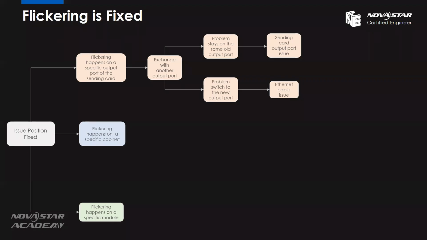If the flickering happens on a specific cabinet, okay, now it's not the whole screen flickering, only one cabinet. So what could be the possible reasons? The first thing, I think we can check the firmware and the receiving card parameters, like the RCFGX file. We can confirm whether this information is the same as other receiving cards, because now we only have one abnormal one.